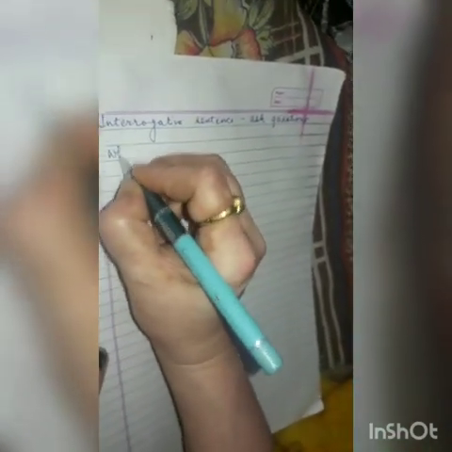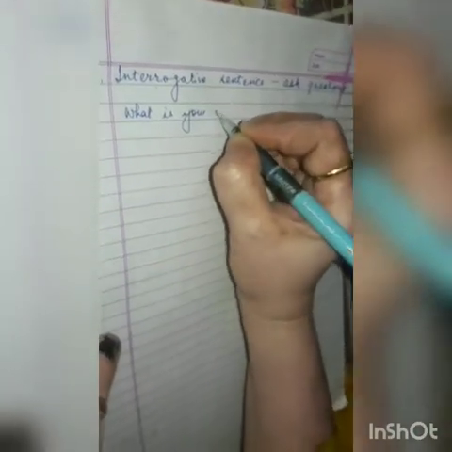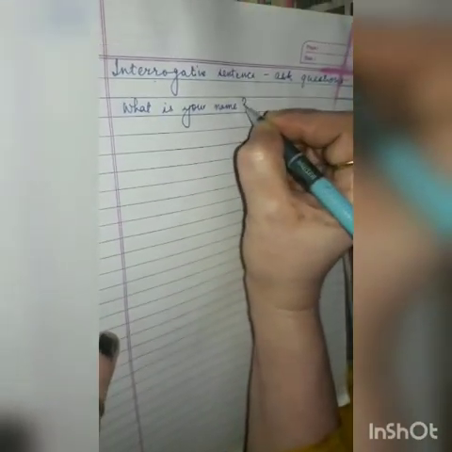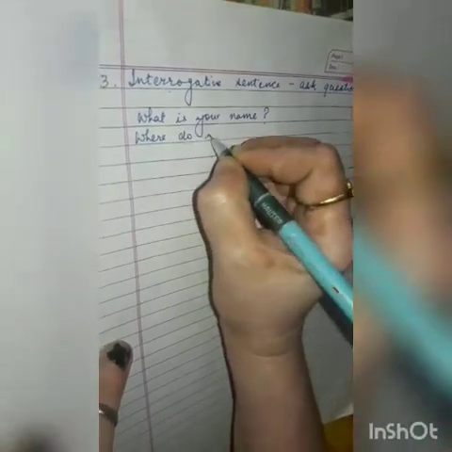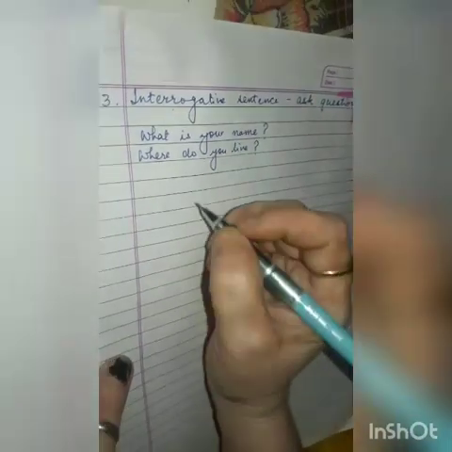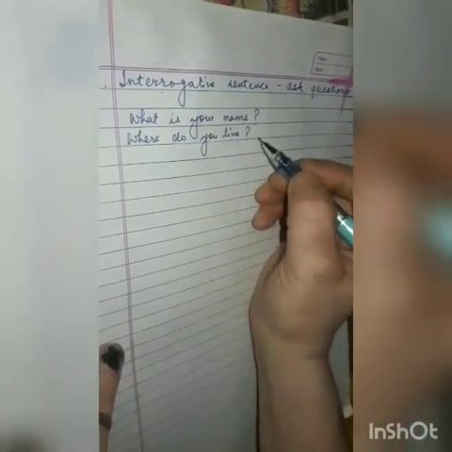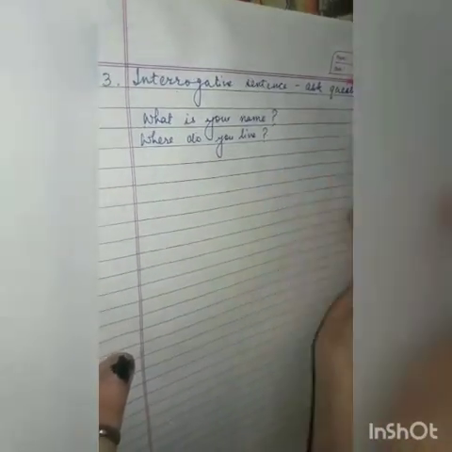They ask questions like, what is your name? And they end up with a question mark. Where do you live? They end up with a question mark. So, interrogative sentences ask questions and they end up with a question mark. They begin with a capital letter and end up with a question mark.